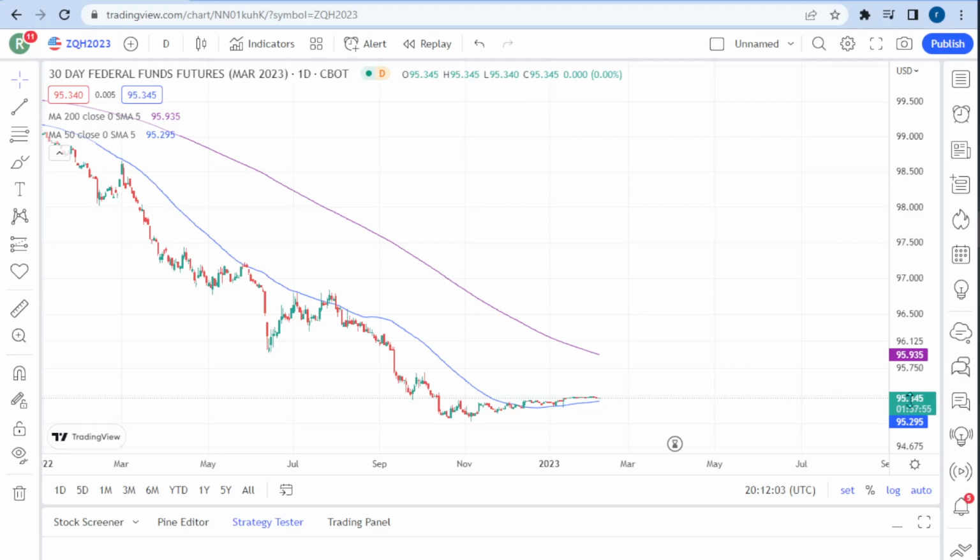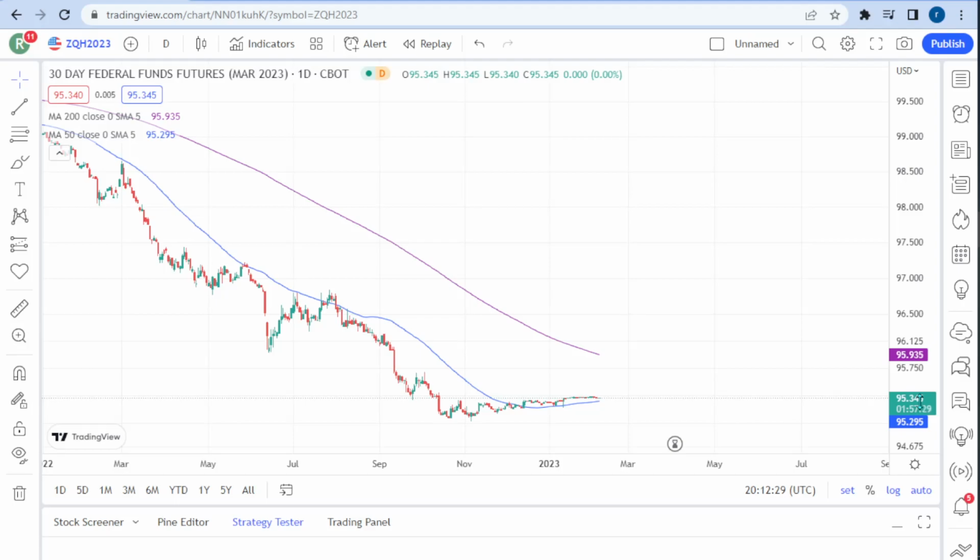So if 100 represents 0, then anything below 100 is representing our current rate structure. So what we do is 100 minus 95.34. That's representing something along the lines of 4.75-ish, very close to where it's at. So 4.5 to 4.75-ish.